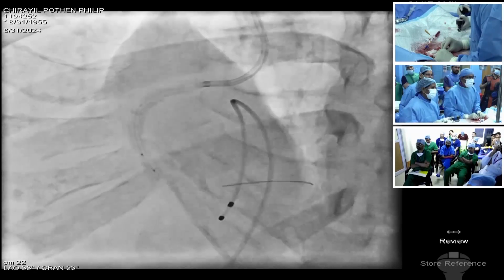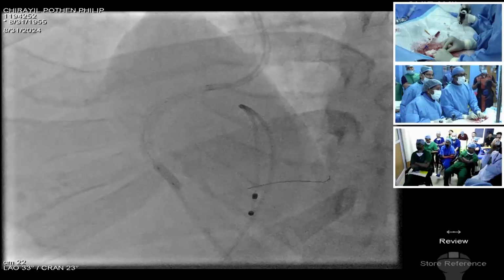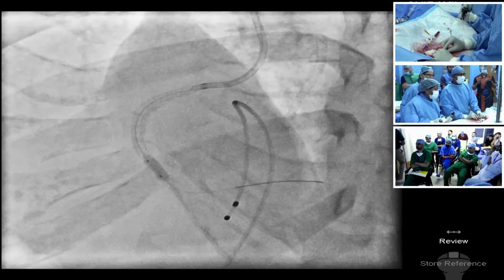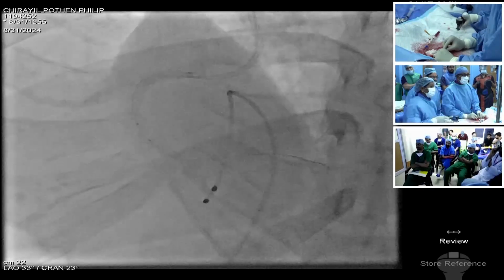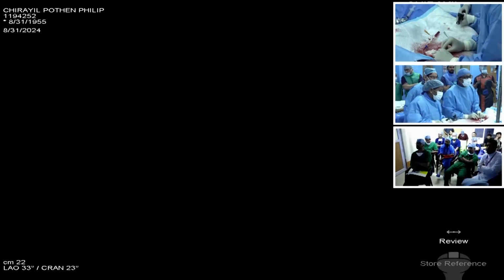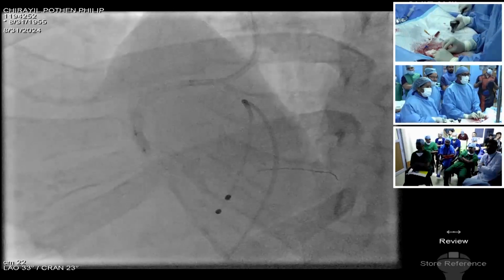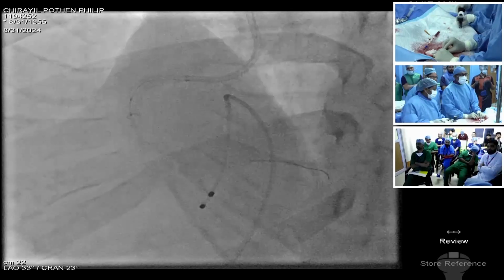Yes, we'll go up. 14, 16. It is good. 18. Negative. 18. Negative. Again 18.